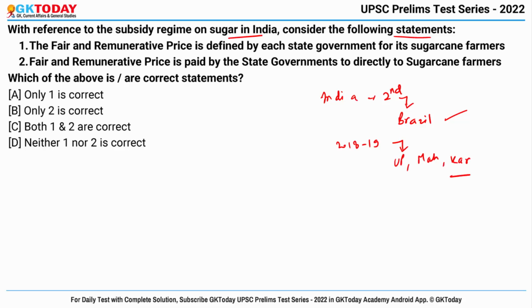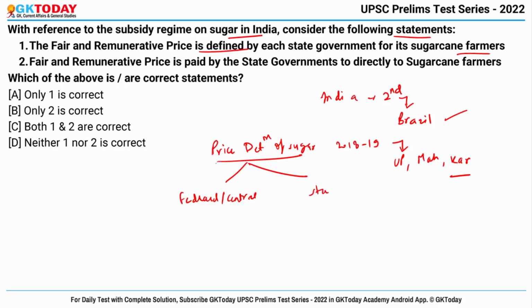Fine. Now let's come to the statements. First statement says the fair and remunerative price is defined by each state government for its sugarcane farmers. Before it, let's try to understand the price determination of sugar structure. Actually, sugar prices are determined by either federal government or you can say central government or the state government.